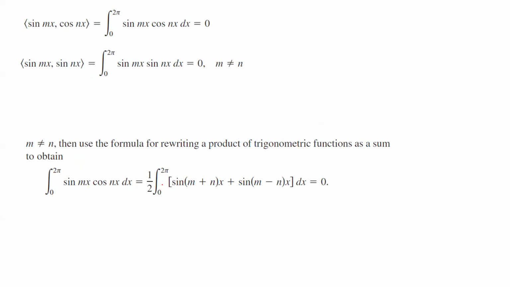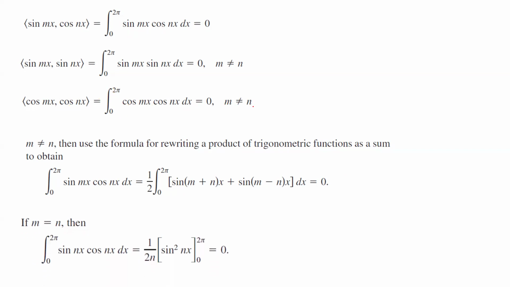Well, we just showed that the integral of sine is related to cosine, and here between 0 and 2 pi, it becomes 0. Now, if you find the inner product between cosine mx and cosine nx, this is the definite integral of cosine mx times cosine nx. If m is not equal to n, it is equal to 0 as well.